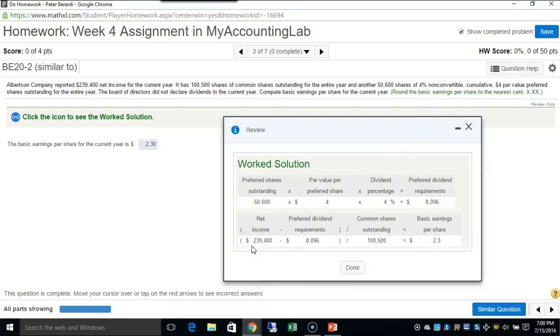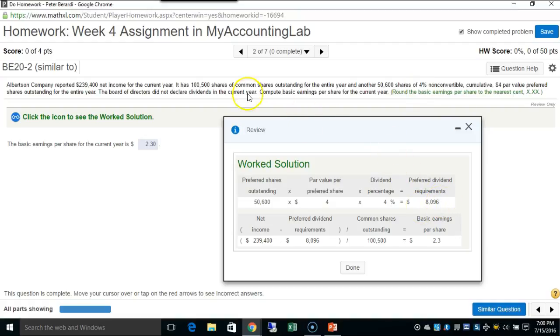So to do that, you essentially take the 50,600 shares. The par value is $4, and you times that by the 4% to get your preferred dividend requirement of $8,096.